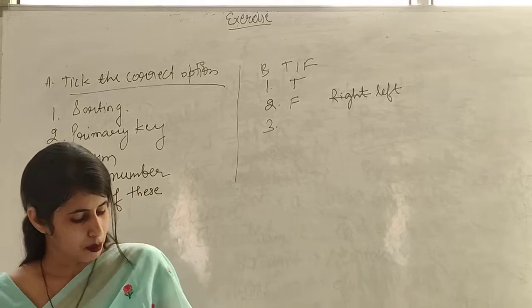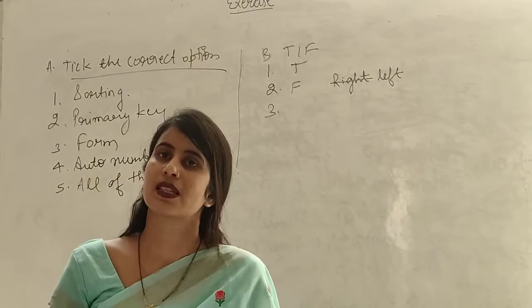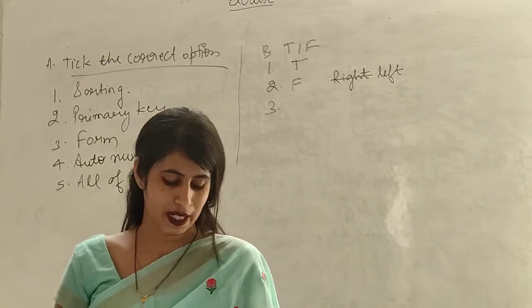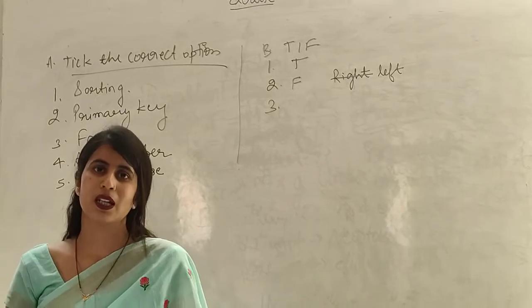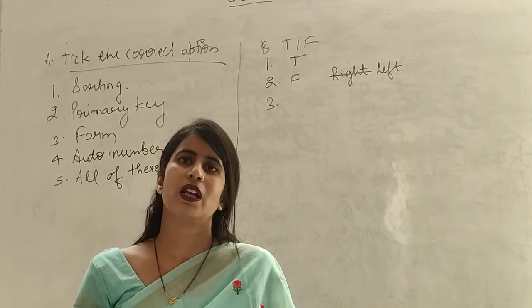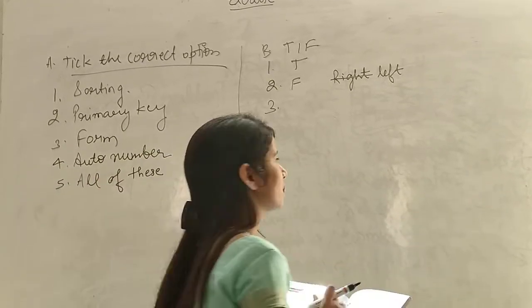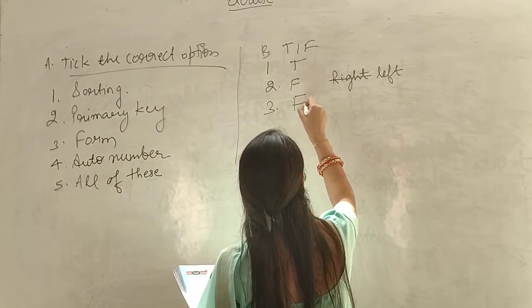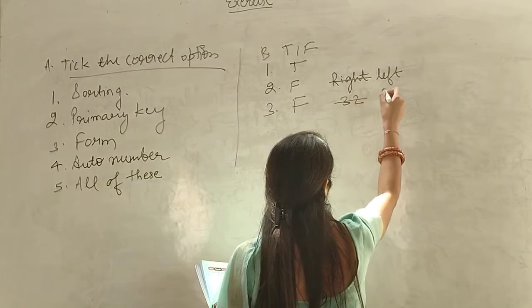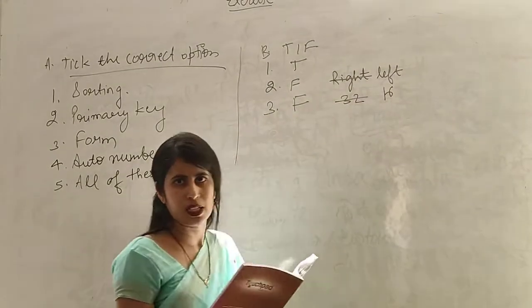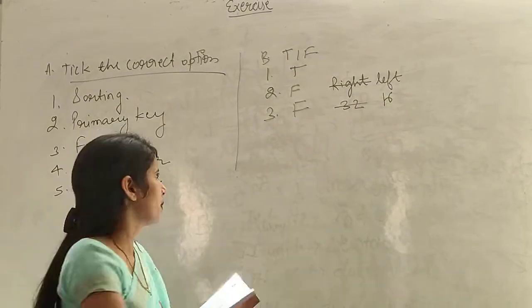So the size of the number field is 16 bytes. It is not 32 bytes. So it is a wrong statement. And how will we correct it? We will cut 32 and write there 16. Then it will become the true statement.